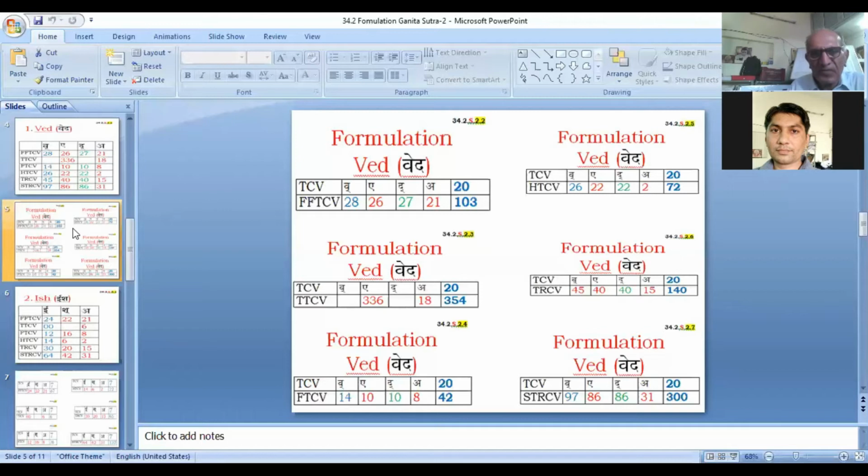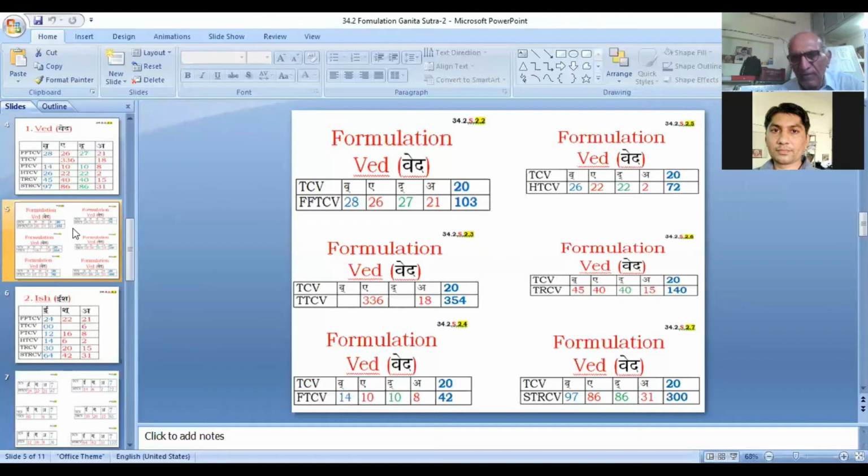At the second phase, the TTCV fold, the second inner fold of the formulation Ved, will take us to value 354. The third inner fold as FTCV will take us to value 42. The fourth fold will take us to value 72.